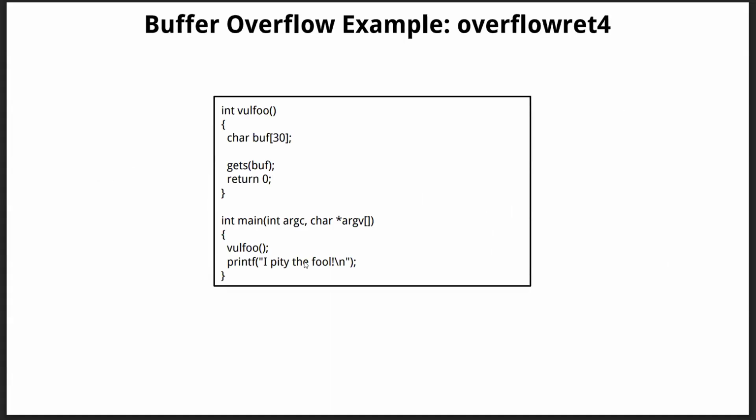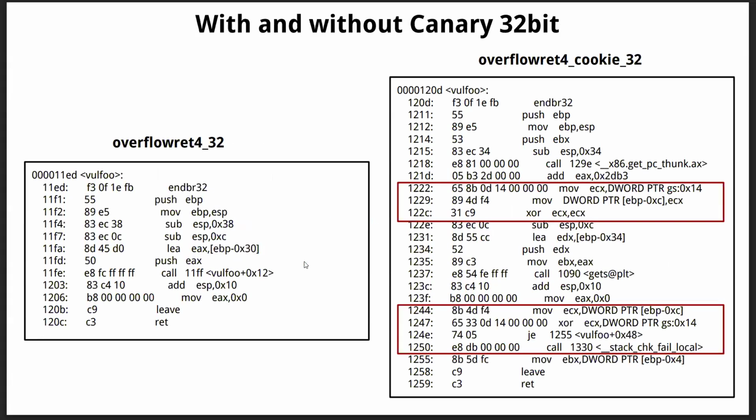We use the same example here, overflow return 4, which you are already very familiar with. We just hacked one version of this. The left-hand side is the disassembly without canary of overflow. We have endbr32, which is also a security feature, but we're not really using that right now.